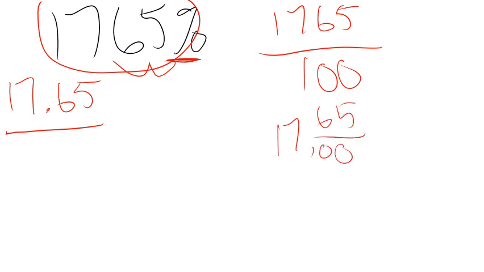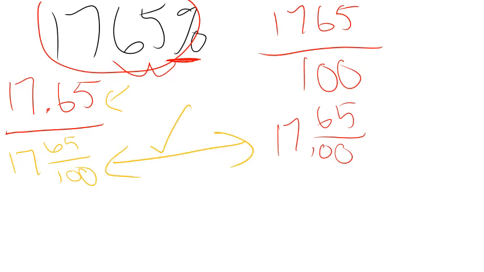Or you can look over here and realize you have 17 wholes and 65 hundredths. Those two are the same. So that means this checks out. Our percentage, we already know. Okay, we reduced this over here pretty good, so we're good to go.